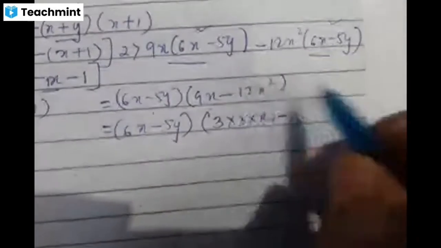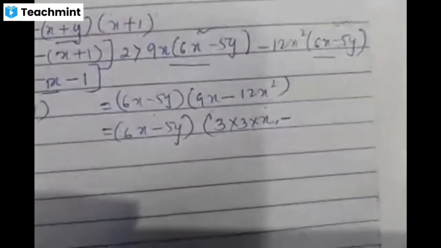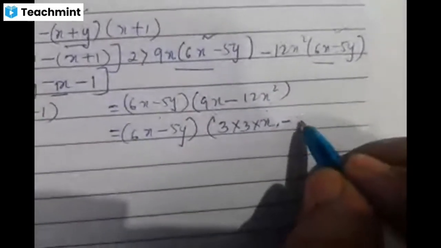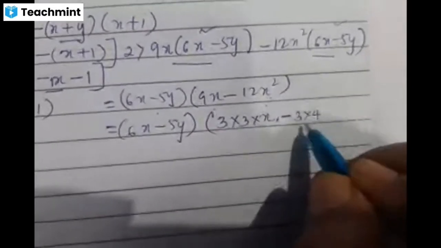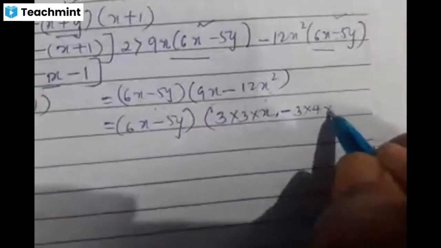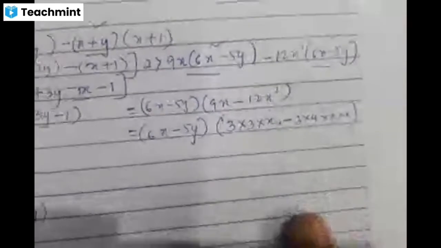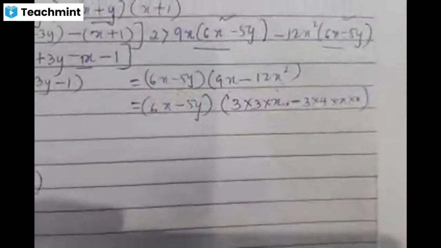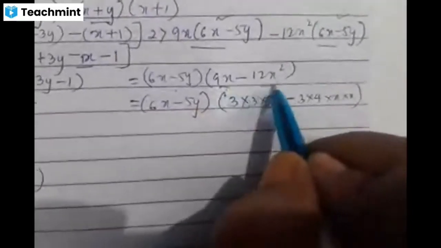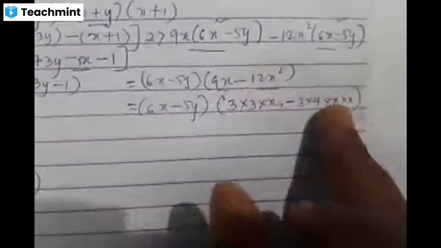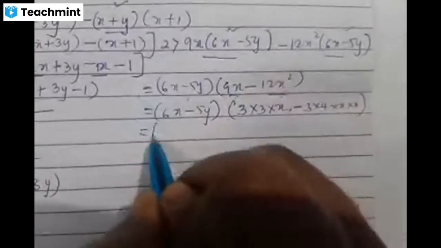Minus 12 also I will write in 3 table, children. That is 3 into 4. 3 4s are 12 into x means x square. So this step can be skipped, children. We don't need to write this step, but to make you understand, I have written the factors of 9x and 12x square.